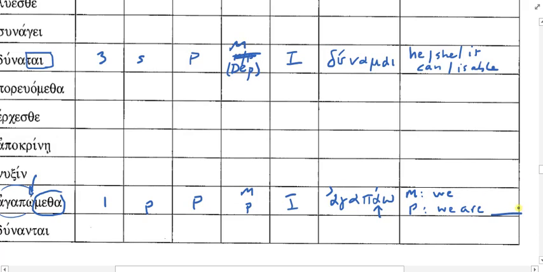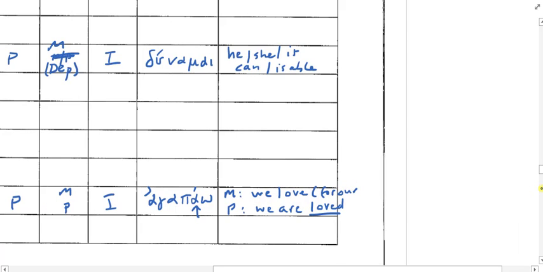So if it's passive, it's we are loved, okay? If it's middle, then it's something like we love, and Mounce will put something like for ourselves, because in the middle voice, there is some sense in which the subject is implicated, affected by the action that they do. In his answer key, he does the middle voice as we are loving ourselves.